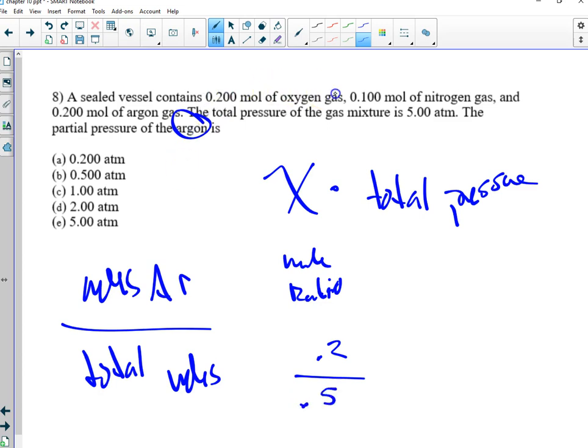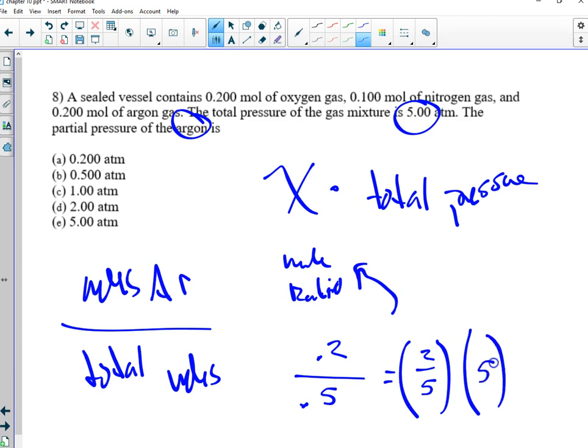Okay, that's the 0.2 plus the 0.1 plus the other 0.2. So I end up with 2/5, essentially. Are we okay with that? Now, I'm going to take 2/5. That's my mole ratio of argon. Or if you want, 0.4 is just fine. All right? And I'm going to multiply that by my total pressure, which is 5. Are we okay with that? So the 5's cancel out, and I'm left with 2. Okay? Hopefully it wasn't too bad.